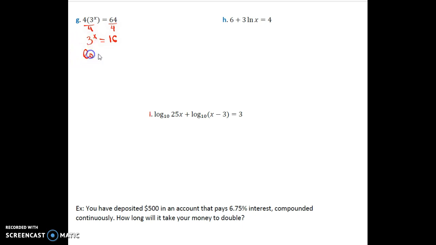We have log base 3 of 16 is equal to x. A lot of your calculators are not able to put that in, so to evaluate it, you would actually have to use the change of base formula. x is equal to log of 16 over log of 3. Now you can input this in the calculator and see what it is approximately equal to.